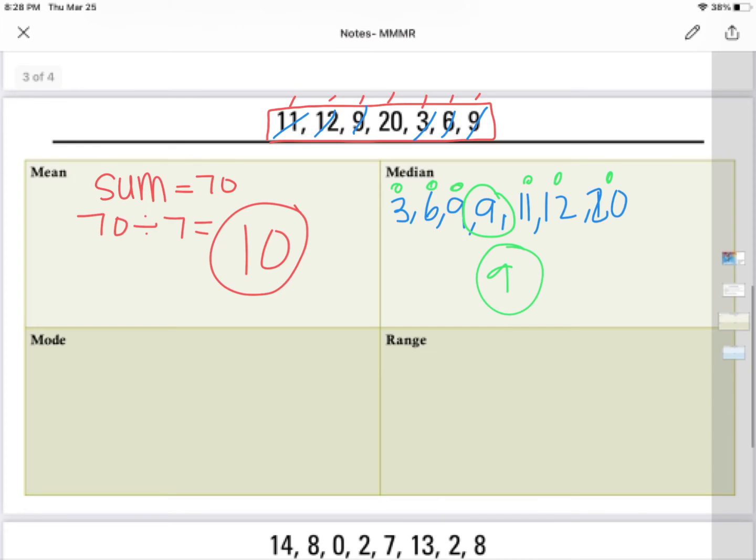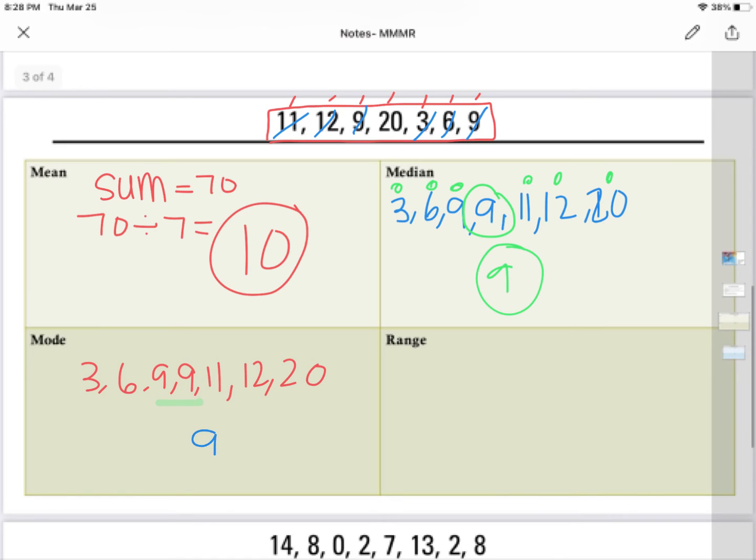All right, for the next one is the mode. Again, we're going to write them out in order from least to greatest. Sometimes you can just use the data set, but I'm going to rewrite it here, just for our purposes of our notes. So if we look, the only one that was repeated is our 9, right? We have that number there twice.